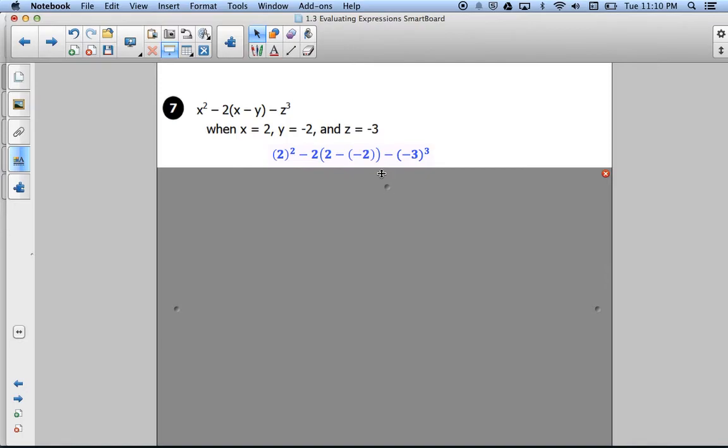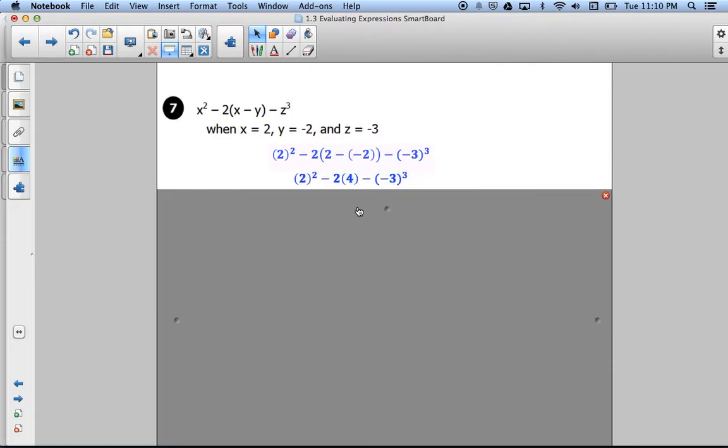Okay, so now we're going to start with parentheses. There's nothing to do inside these parentheses. There's nothing to do inside these parentheses. However, we do have something to do inside these parentheses. We need to consider 2 minus negative 2. That simplifies to 4. So we'll say 2 minus negative 2 simplifies to a 4.